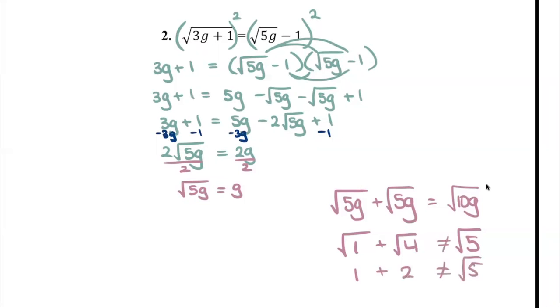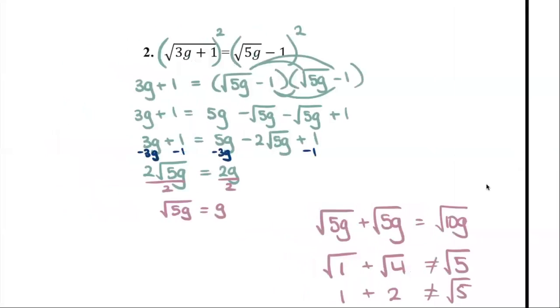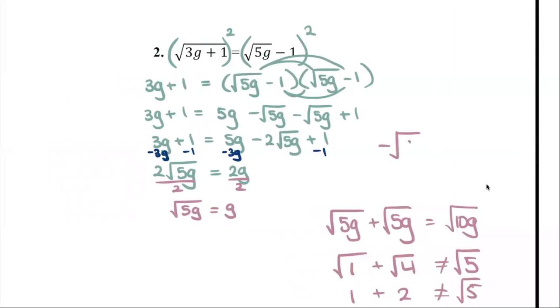So on the third line of the equation, when it's 3g plus 1 is equal to 5g minus 2 rad 5g plus 1, is that minus 2 rad 5g the same as on the second line when it's negative rad 5g minus rad 5g? Yes. So that negative rad 5g minus rad 5g became negative 2 rad 5g. Good clarifying questions.